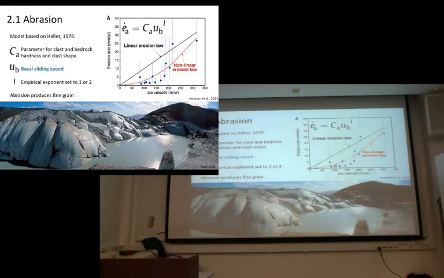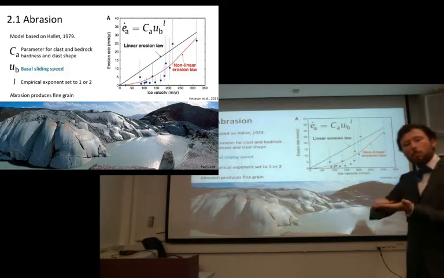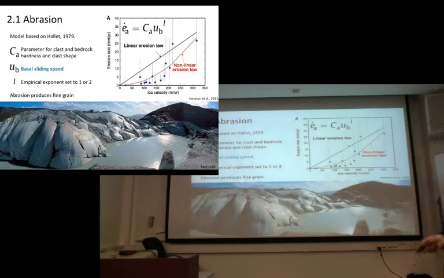A value of 1 would mean erosion rate proportional to ice velocity, and it would be linear. If you take L equal to 2, you will have this parabolic shape. You see this can change the erosion rate a lot at the end. Due to this concept, abrasion produces very fine sediments, and that's also what we observe in tills.